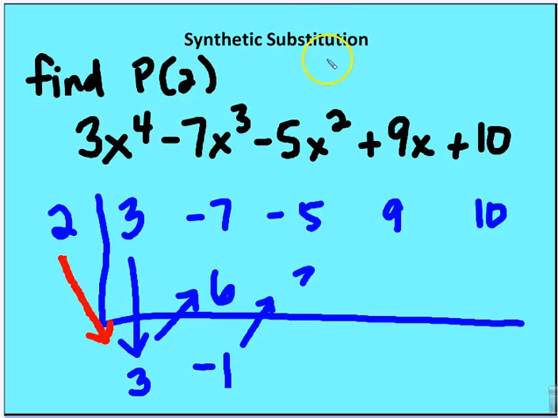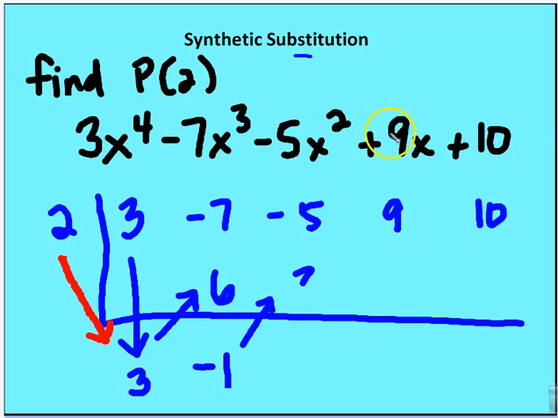All right, so let's talk about synthetic substitution. Synthetic substitution uses a different process, and it gives us something a little bit different, but direct and synthetic substitution are very close twins, we'll say. So what we're going to do is take the coefficients and line the terms from the leading term onto the constant. 4, 3, 2, 1 are the exponents.